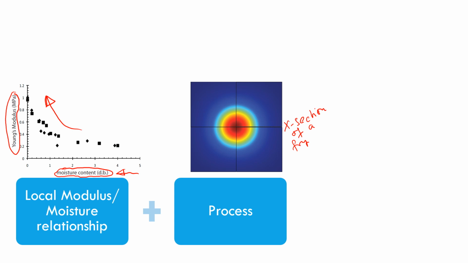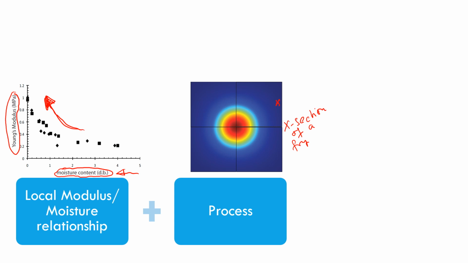So this process physics gives me the moisture at any location, whereas the figure to the left gives me, given the moisture, what is the modulus at that location.